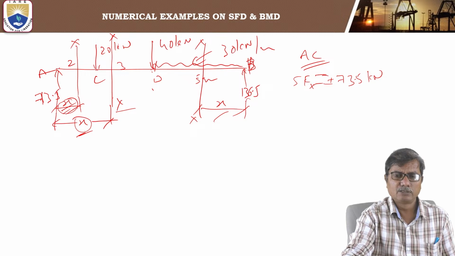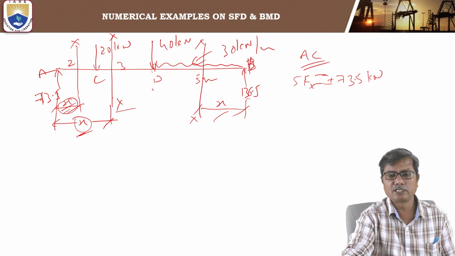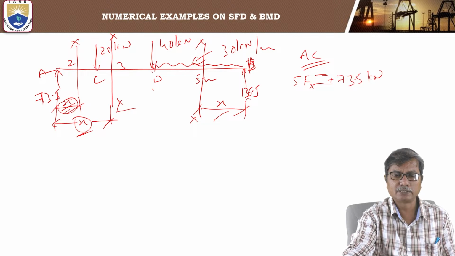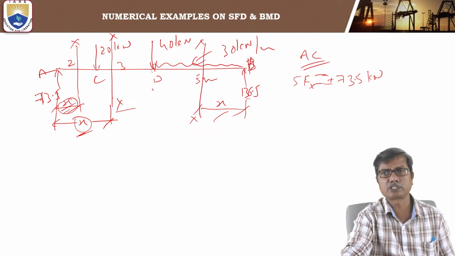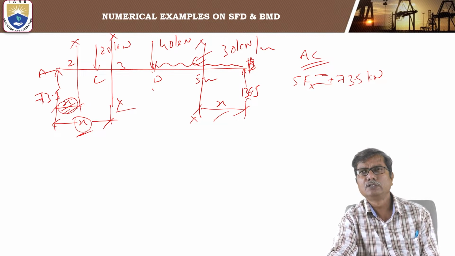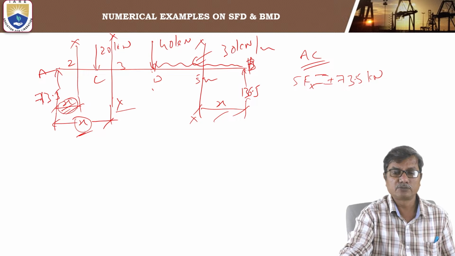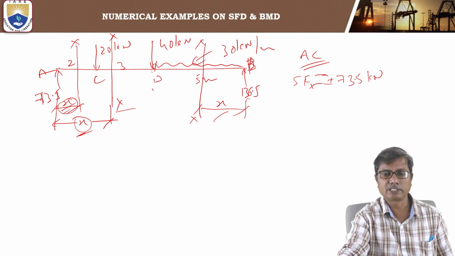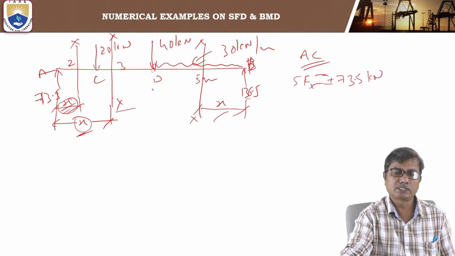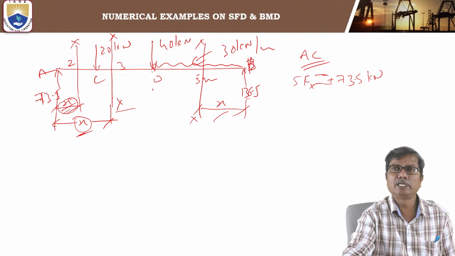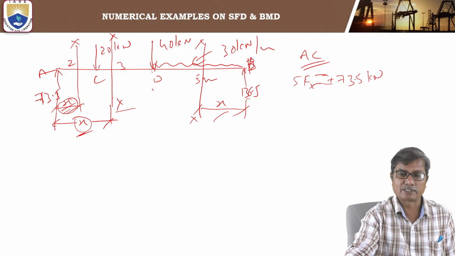Similarly between C and D also there is no force acting. Force is there at C and at D, but there is no force in between C and D. So the shear force remains constant between C and D. That means constant means it will be a line parallel to the axis.